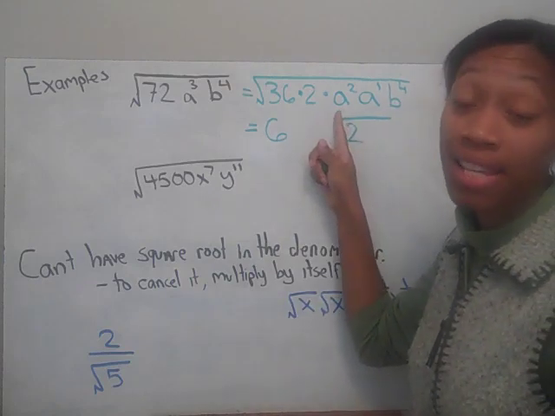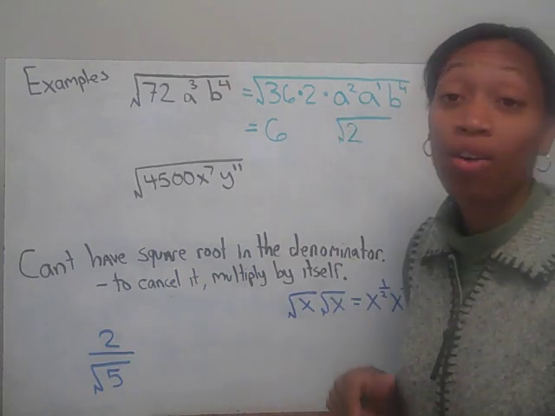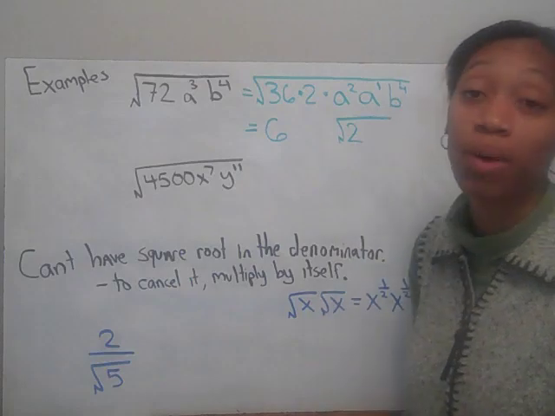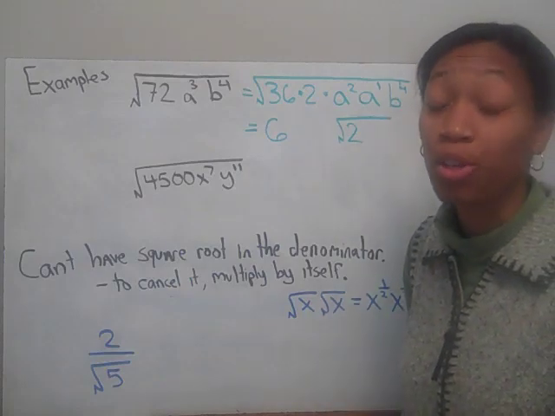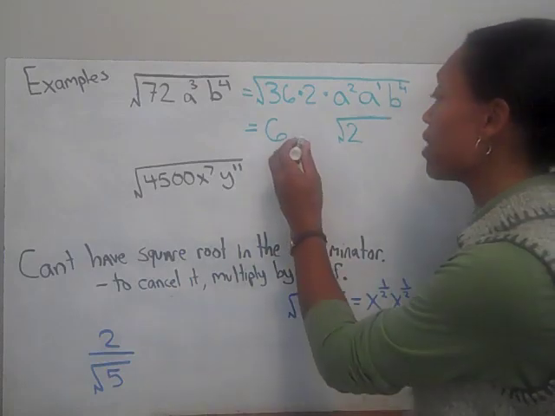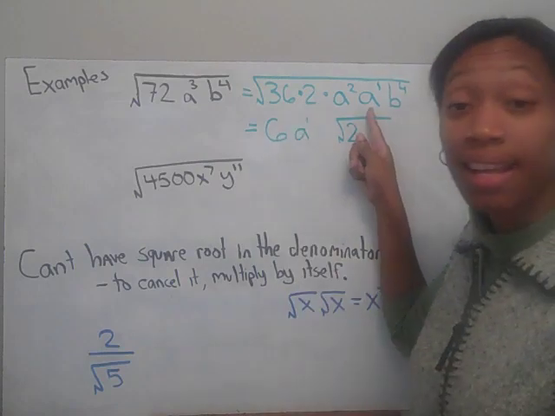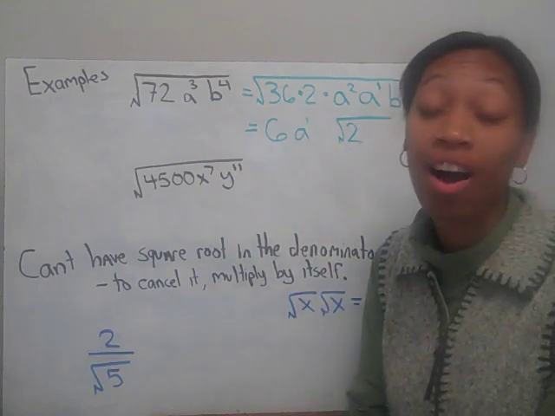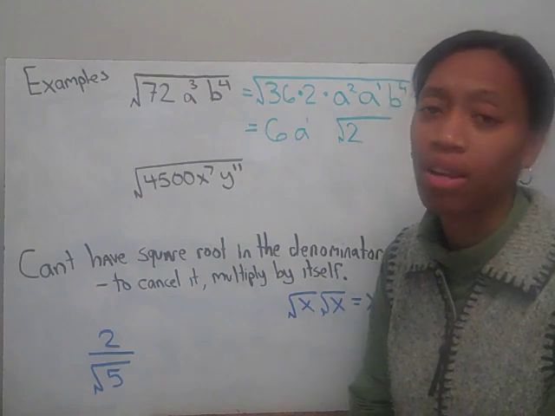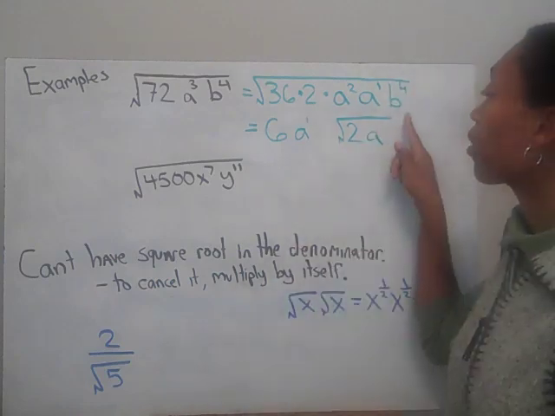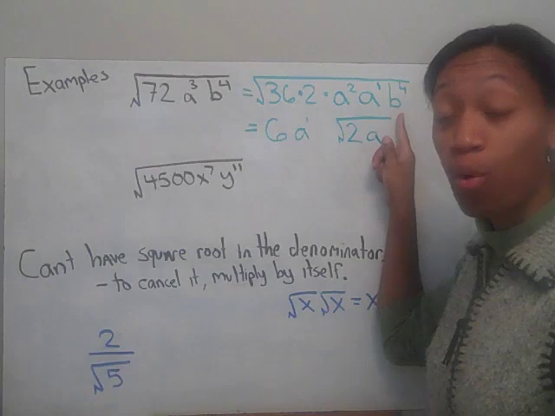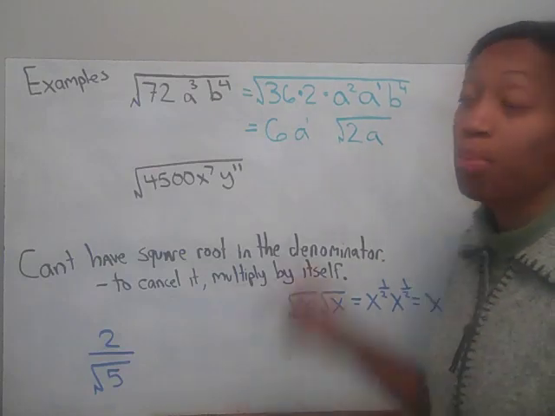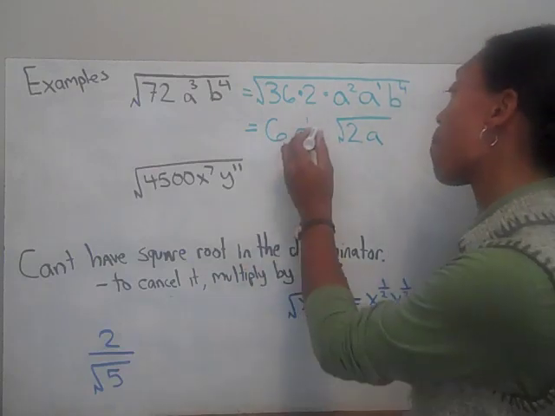The square root of a squared, well, 2 times 1/2 is 1. So that's a to the 1. And next I have a to the 1. Well, 1 is an odd exponent, so I can't do anything with it. We're going to leave it underneath. And then b to the 4. 4 times 1/2 is 2.